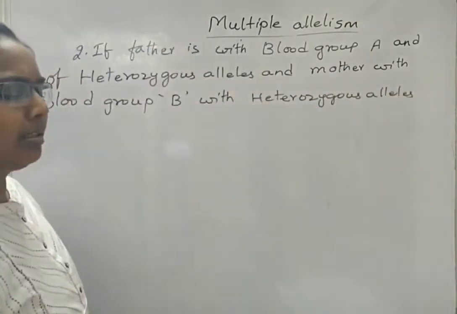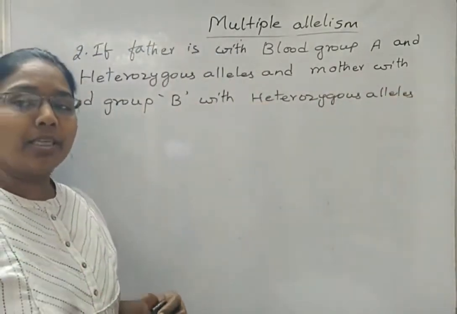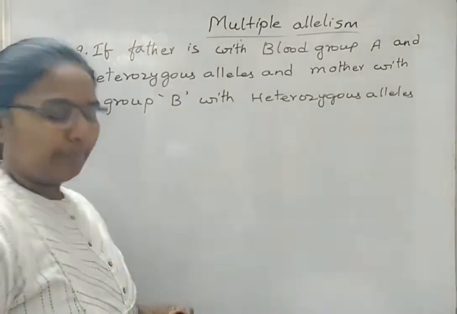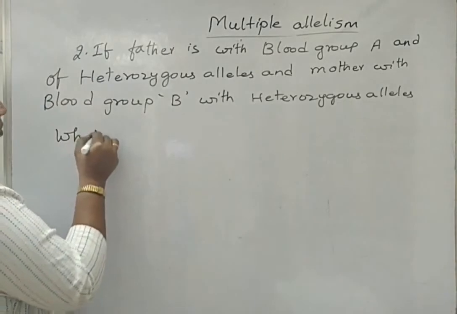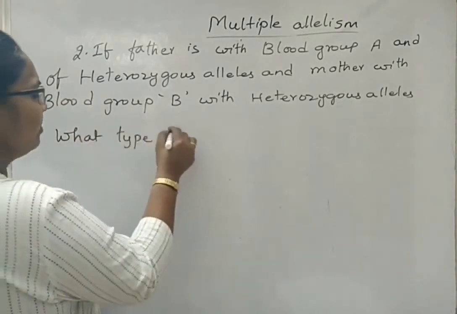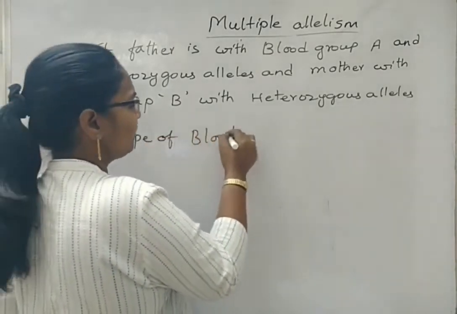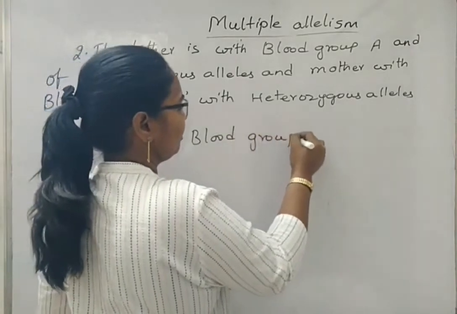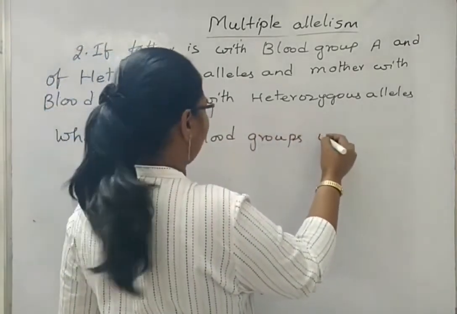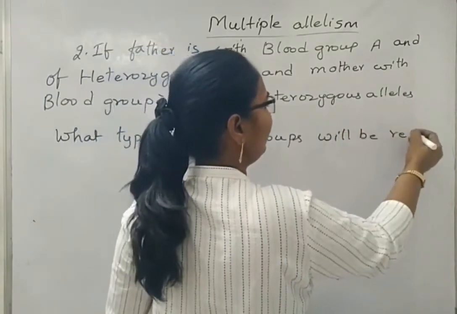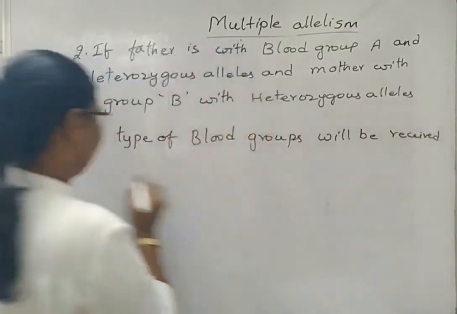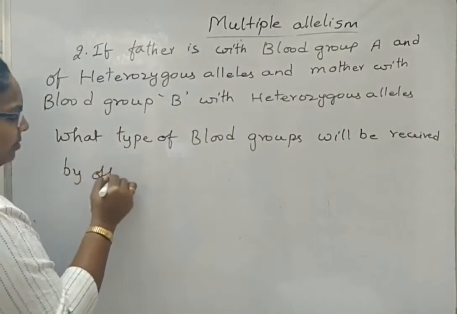Then what is the type of chance? What is the chance in the babies? What type of blood groups will be received by offsprings?